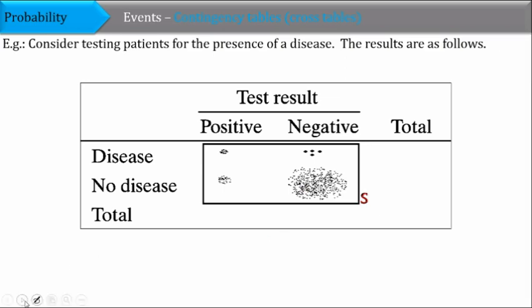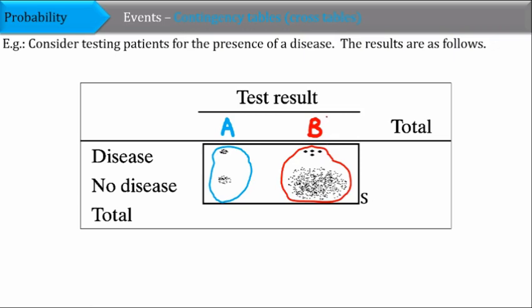Now if you think of what we did in the previous slides, grouping all of this together will give me the event which I called A, and this is the event of a positive test result. I just grouped all those people together. Then over here, this is the event of a negative test result.